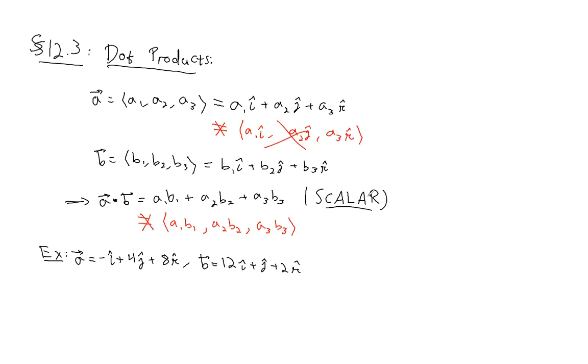So the dot product is the same thing as saying scalar product, but it's not the same thing as saying scalar projection. That's a slightly different notion, which we'll talk about in a little bit. So hold on to your hats.